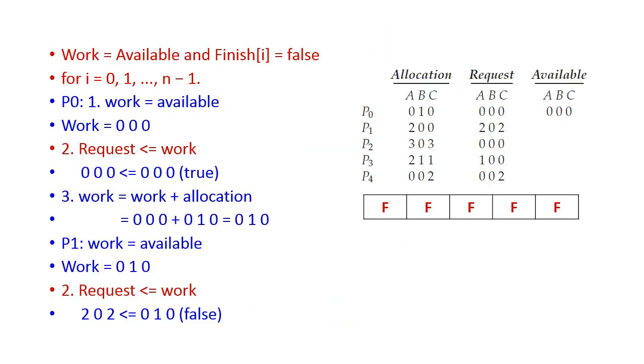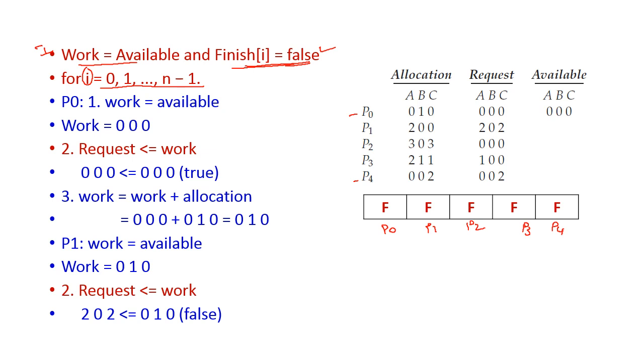Now let us try to solve this problem. The first step is the initialization step: work equals available and finish of i equals false for i equal to 0, 1, and so on up to n minus 1. Here i indicates the process. We have 5 processes, P0 to P4, and none are finished yet, so finish of i equals false.